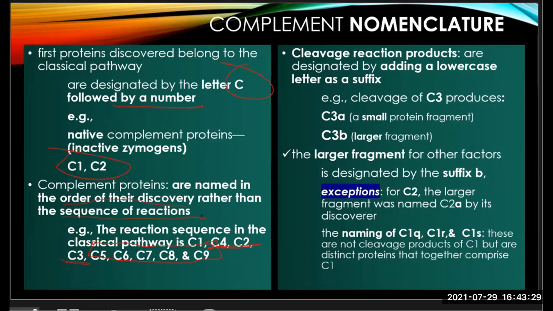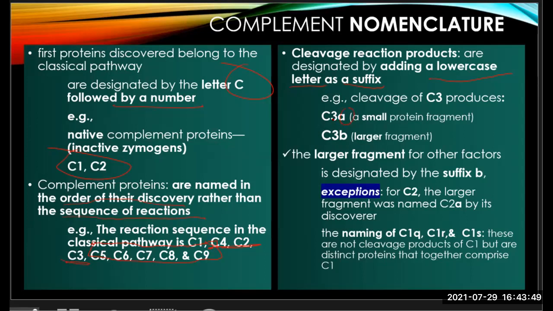What else? We also have the cleavage reaction products. They are designated by adding a lowercase letter and a suffix. For example, the cleavage of C3 produces C3a.